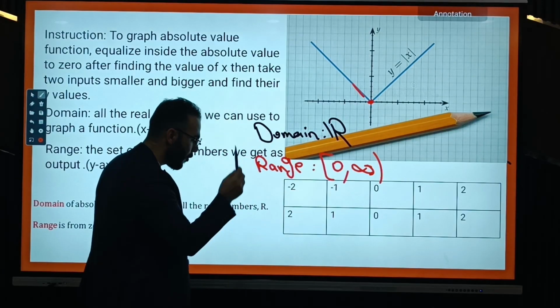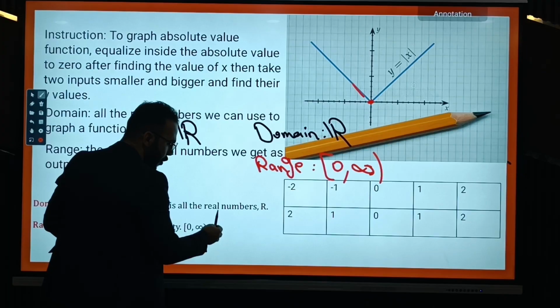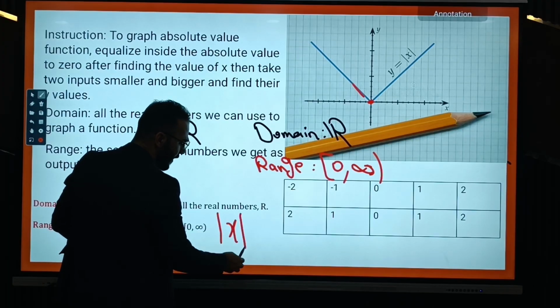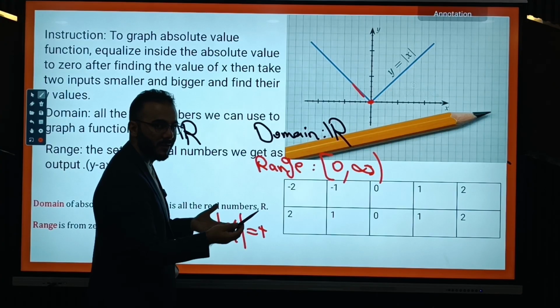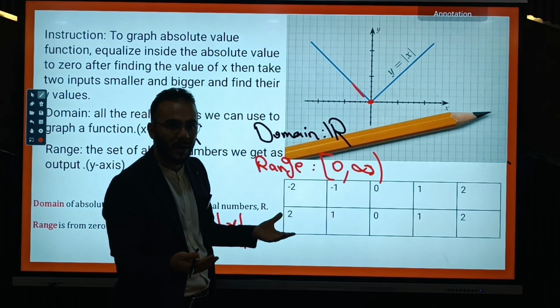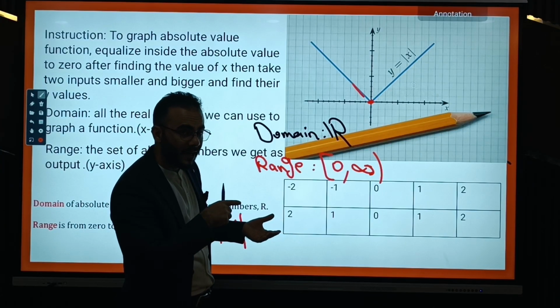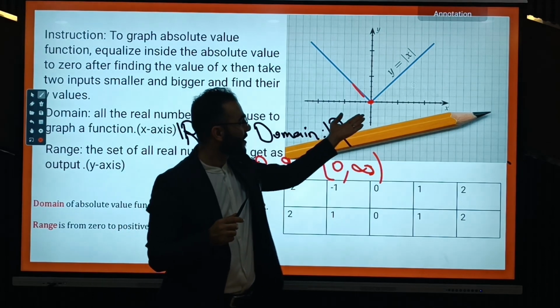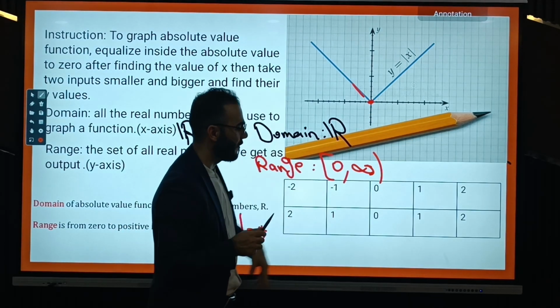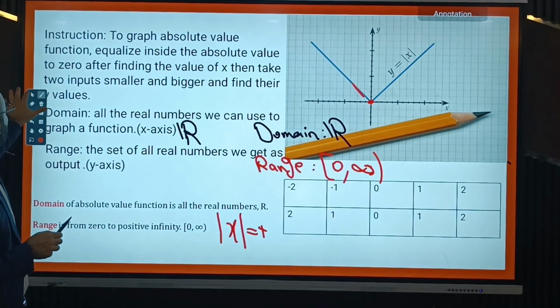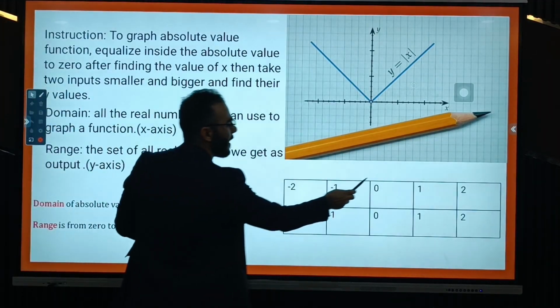Another reason we can say is that the absolute value of any number is equal to a positive result. We never say that it's negative. Remember, if it is equal to a negative, there is no solution. So since there is no negative, it starts from 0 up to positive infinity. That is regarding the domain and range of an absolute value.